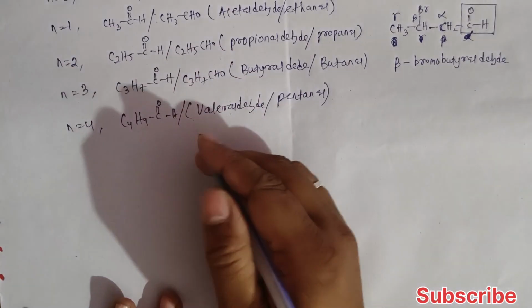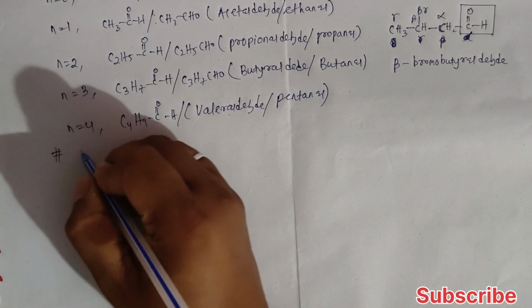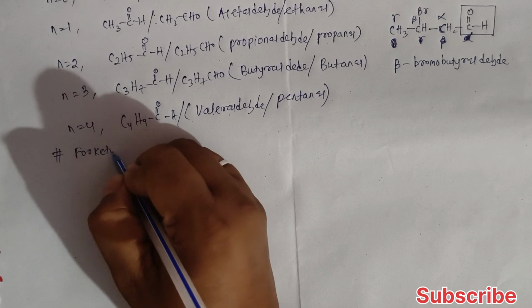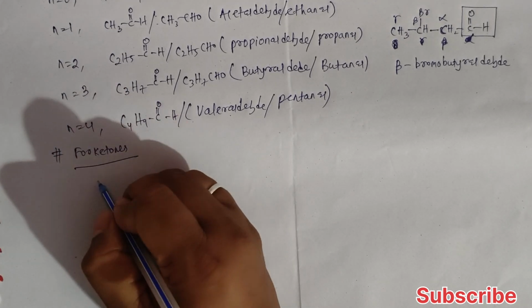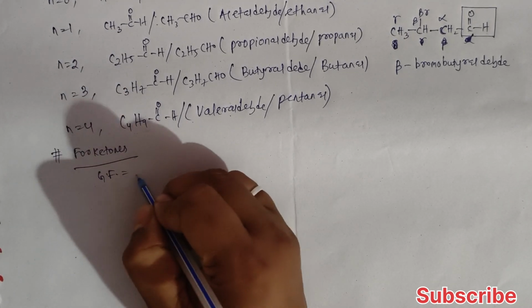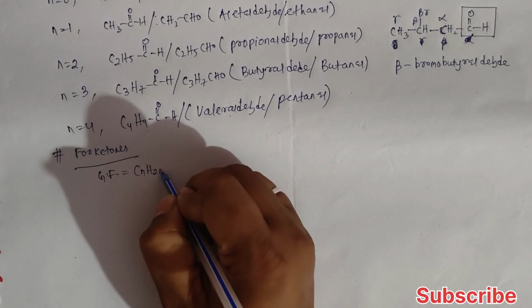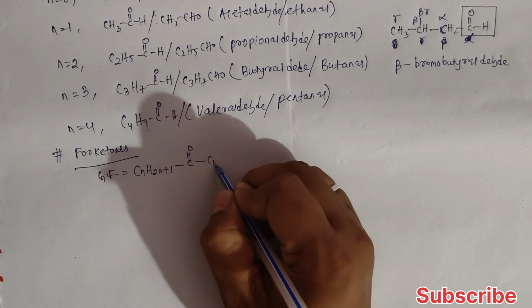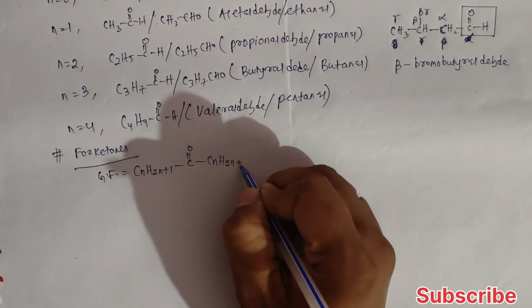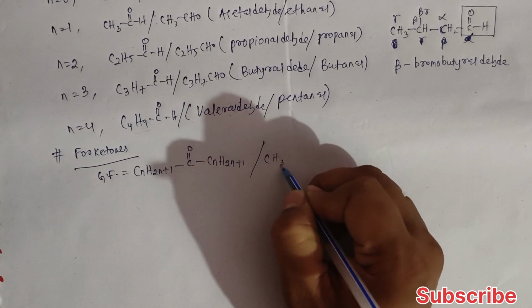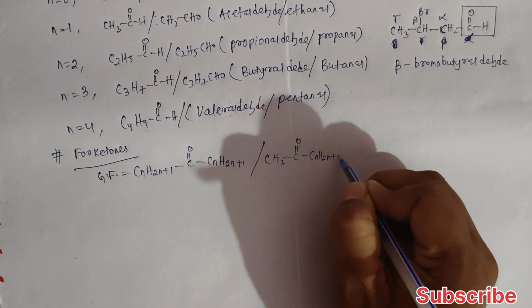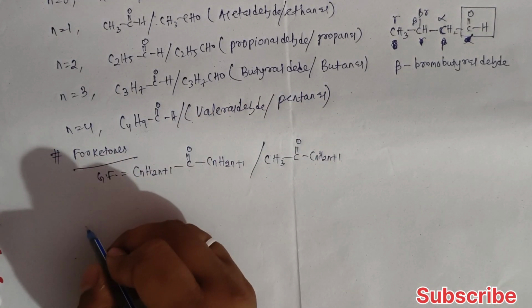Now let me tell you about some ketones. For ketones, what is the general formula? The general formula can be written as CnH2n+1 C double bond O CnH2n+1, or we can write CH3 C double bond O CnH2n+1.